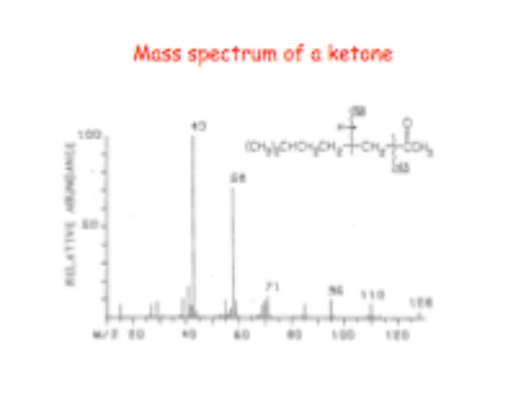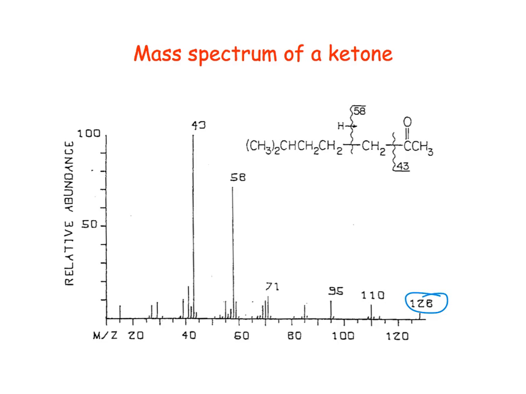One more example and then we can quit, and then we mostly have problems to work out. Okay, so here's a ketone starting at 128. If we do the alpha cleavage right here, we end up with this acylium ion, and this is at 43.